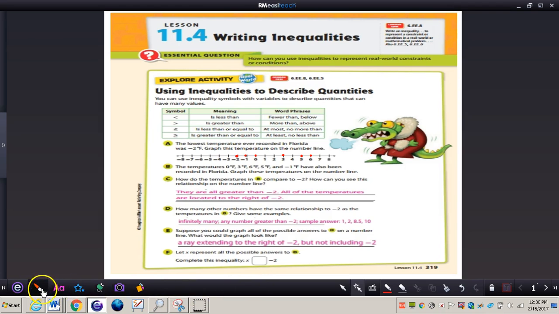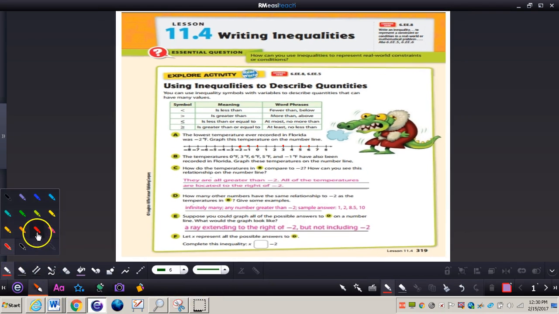Since all of those numbers are greater than -2, we can just have x is greater than -2. Just a little tip on the greater than or less than sides: remember the alligator's mouth is always open towards the greater number. If you can't figure out which one's less than and which one's greater than, pretend this is an alligator, which is always open towards the greater number.